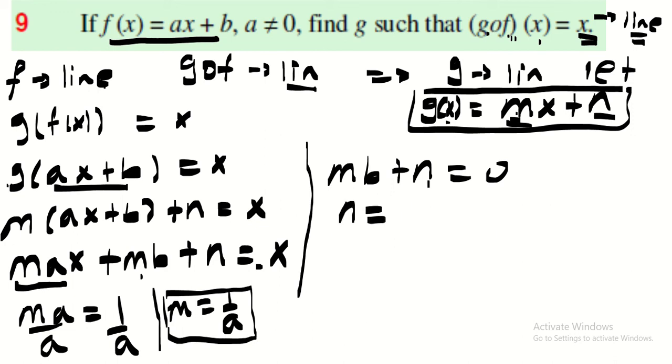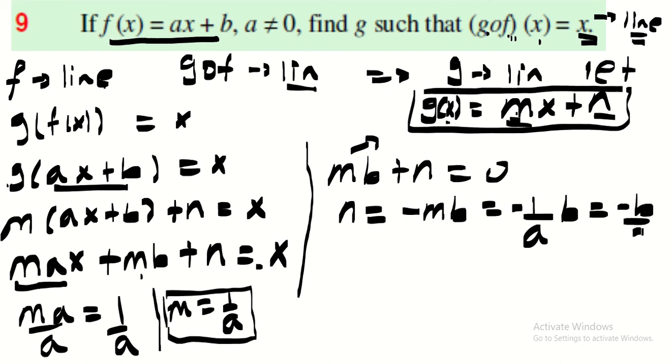Our objective is to get n now, because we got the m value already. Shift this one to the other side. What will be negative m, which is, what is m? 1 over a times b. There is a negative here, don't forget, which is negative b over a. So the n value is equal to negative b over a.